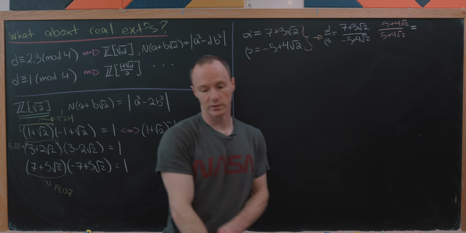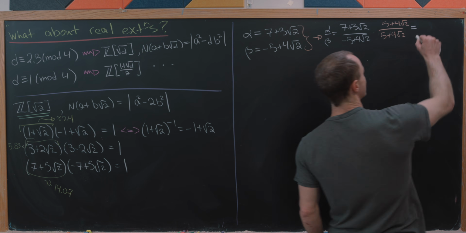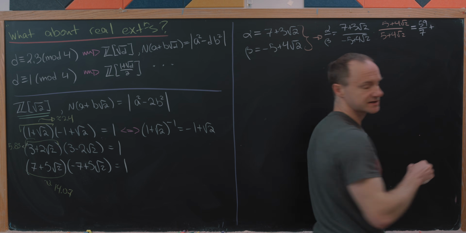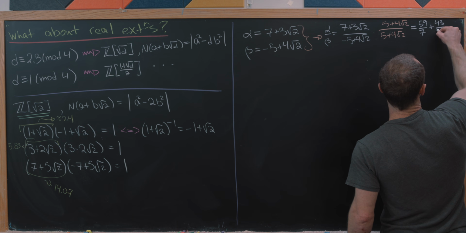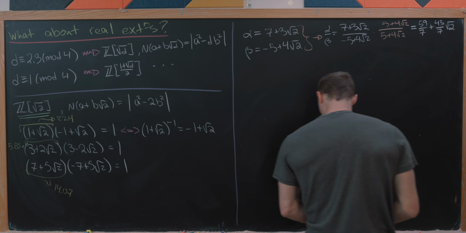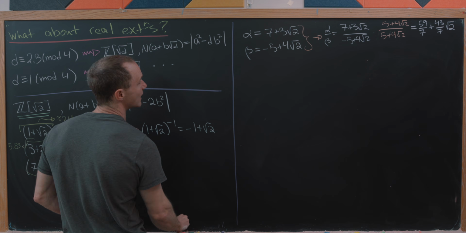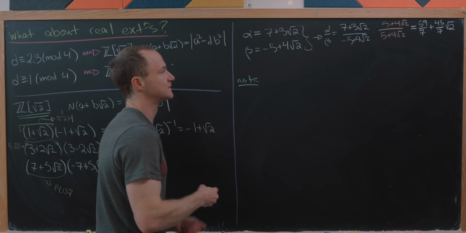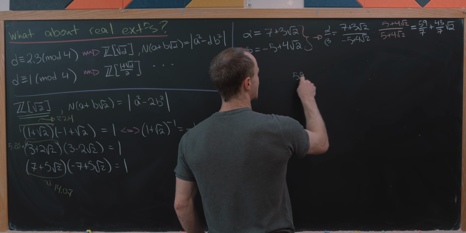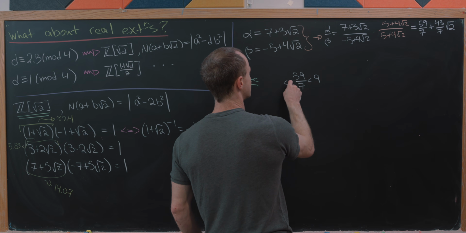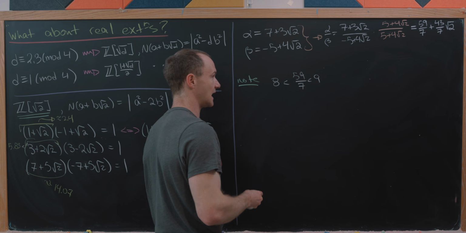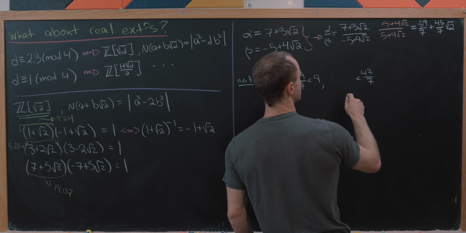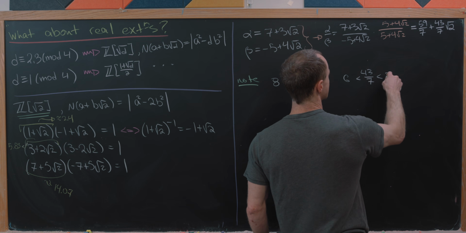Now, a pretty straightforward calculation will land that on 59 over 7 plus 43 over 7 times the square root of 2. Now, we're going to play a pretty similar game to what we did with all of those other cases. And so notice that 59 over 7 is going to be between 8 and 9, whereas 43 over 7 is going to be between 6 and 7.